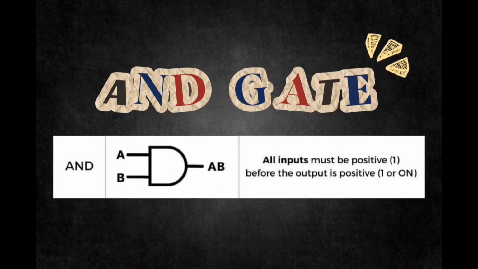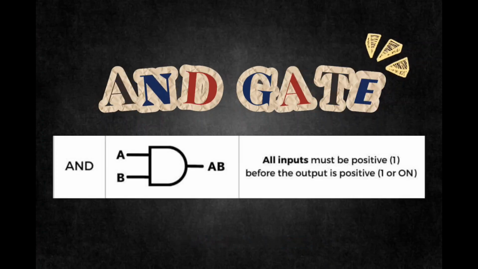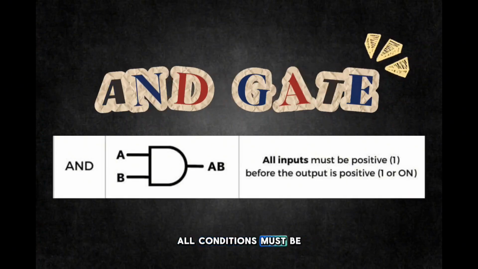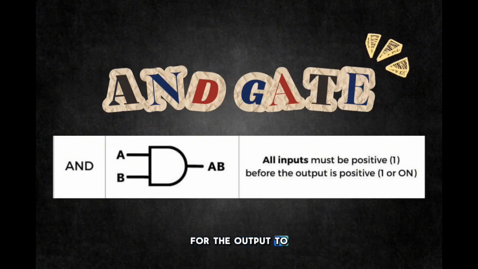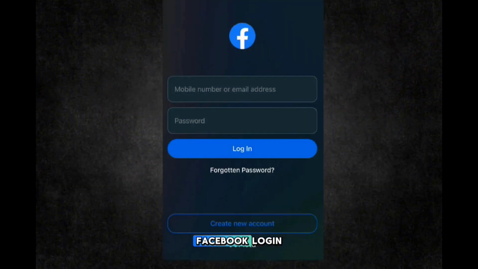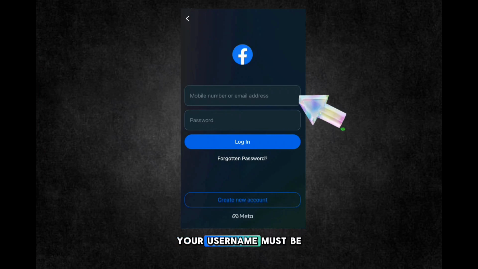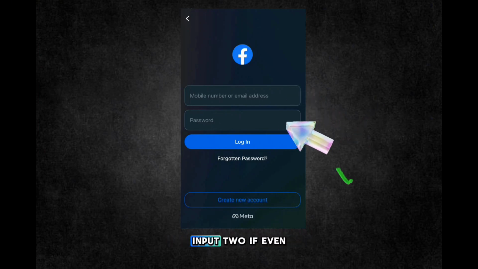Let's start with the AND gate. The word AND is really important here because it means all conditions must be true for the output to be true. Let me give you some real-world examples. Facebook login. When you log into Facebook, your username must be correct, input 1, and your password must be correct, input 2.